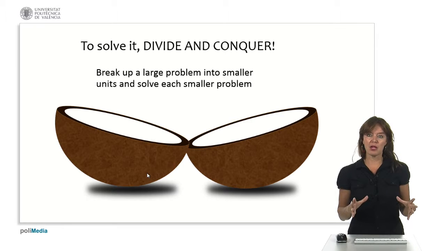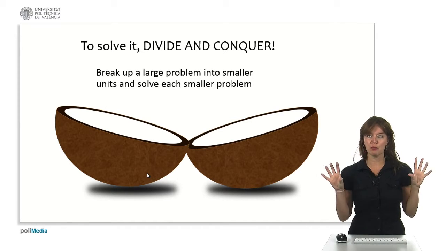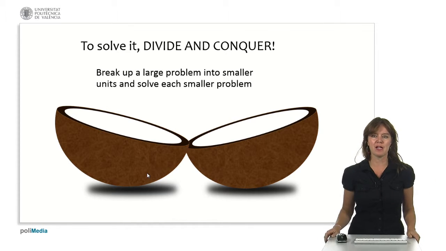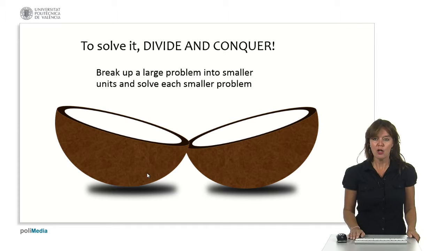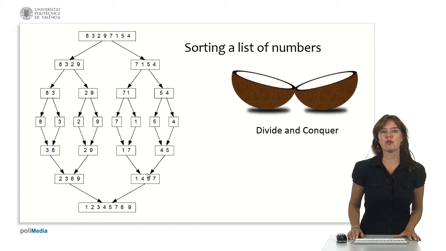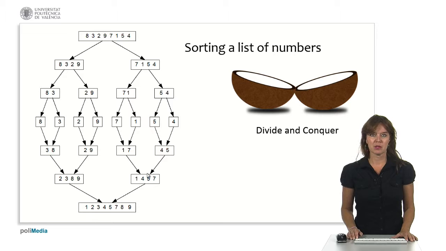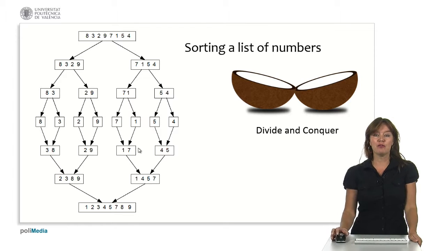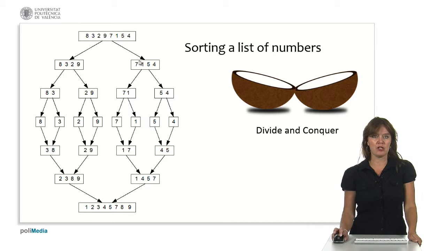We break up a larger problem into smaller units and solve each problem which is smaller by itself. So let's look at an example so it becomes clear what this means. For example, we need to solve a sorting problem. We've got a list of numbers and we want to sort them. So here you see a way of doing this with a divide and conquer strategy. So here on top you see the numbers that we want to sort and we divide.